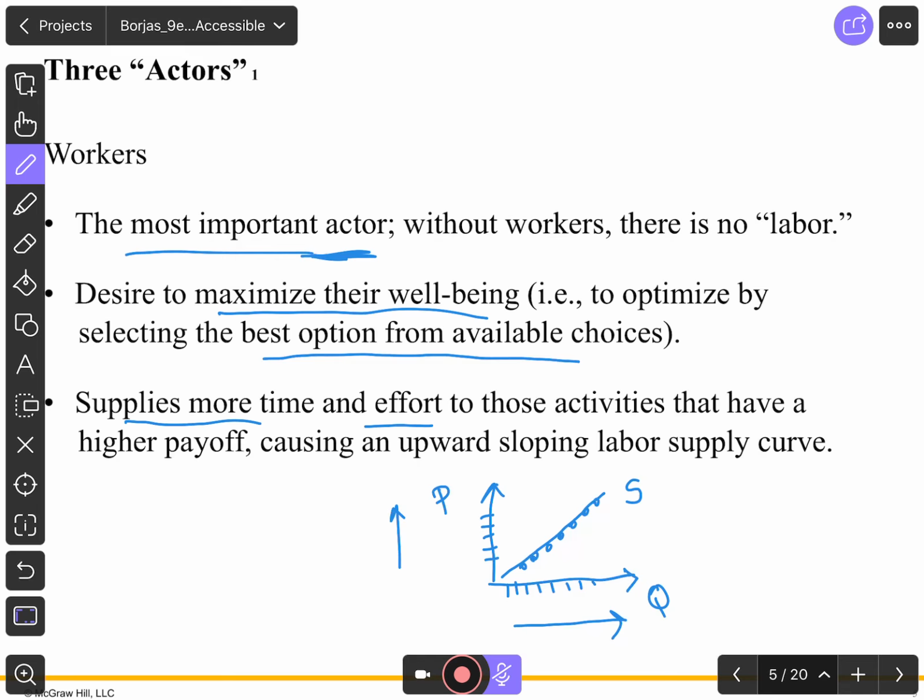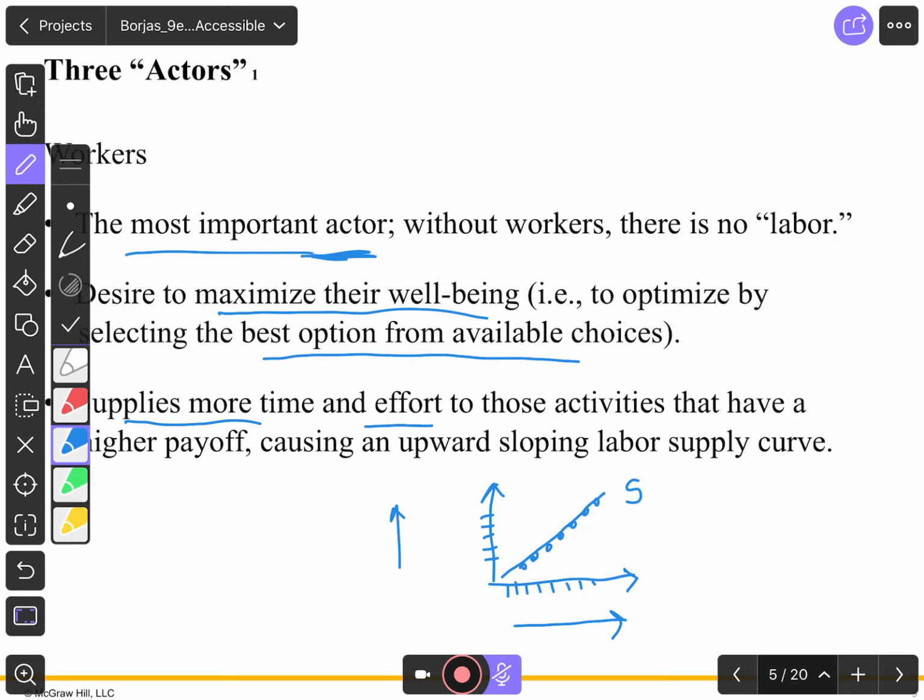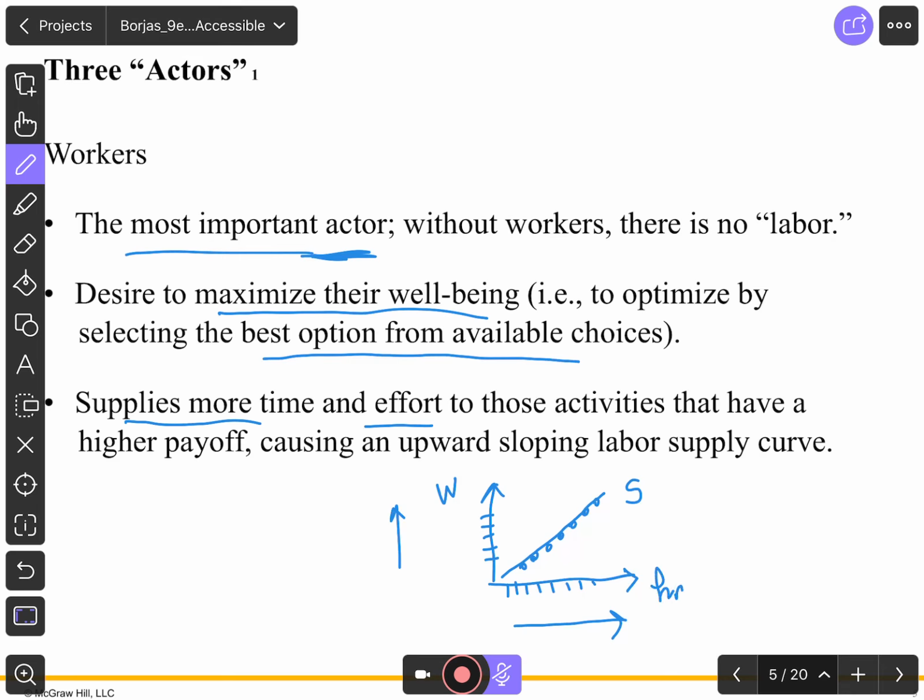So you can apply this to the workers. If I say a worker, then the price and quantity would be the same idea but with different names. The price here is going to be the wage, and the quantity here is the number of hours. I'm just going to abbreviate it as HR, which is hours.